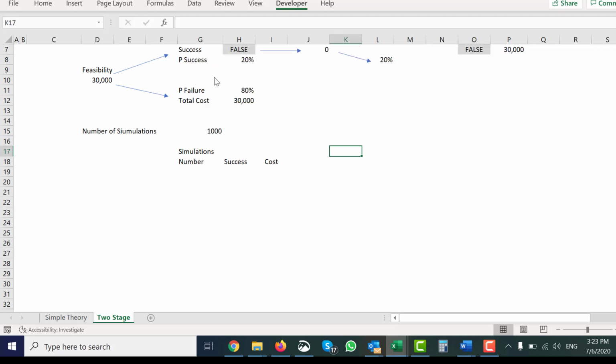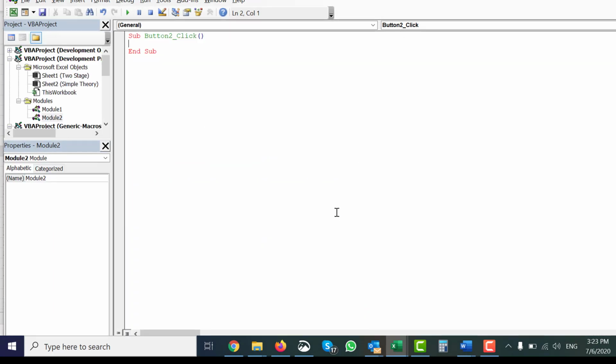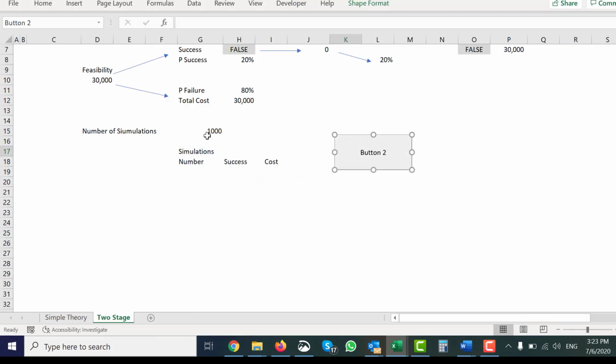Okay, making a simulation with a macro is about the easiest thing you can do, because all you have to do is use a for loop. Let's just remember that we had this simulations here.